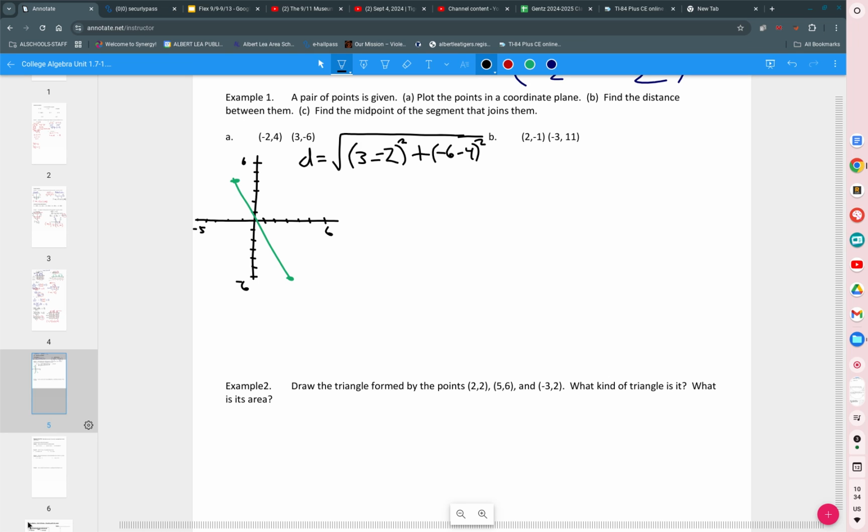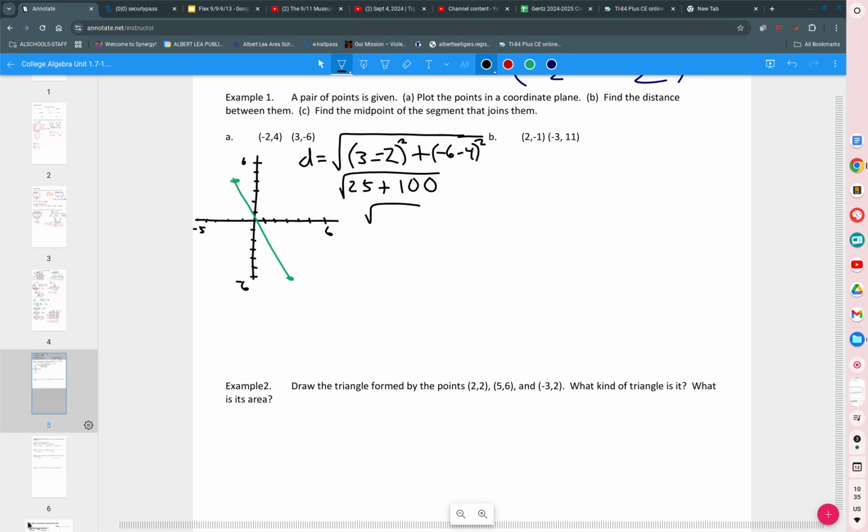If you square something, it will become positive. So 3 minus -2 is 5, and 5 squared is 25. -6 minus 4 is -10. -10 squared is 100. Please do not write -100. I will put my spoon into my eye when I'm grading your test.